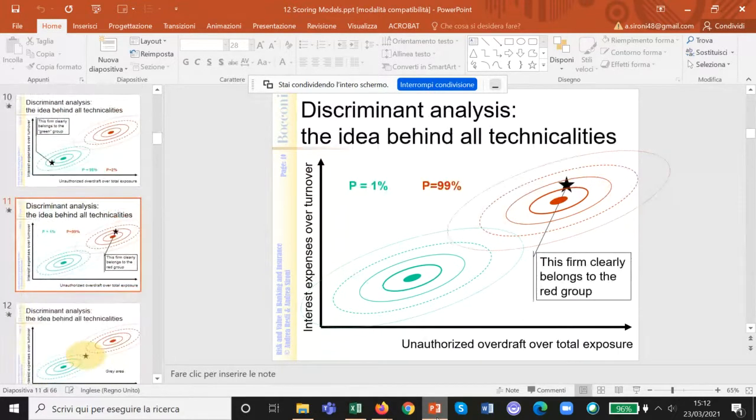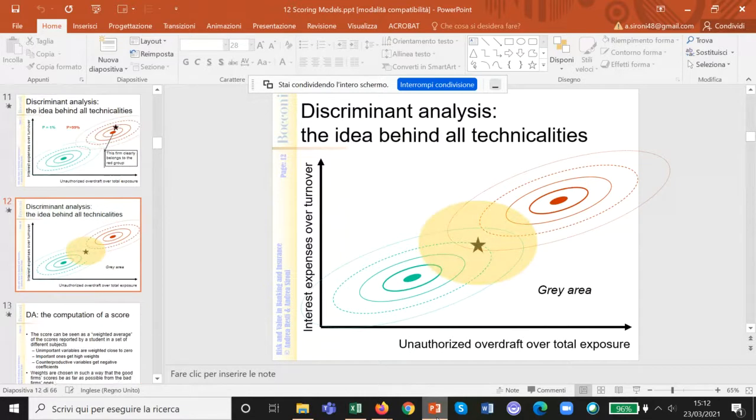Here, for example, we have another company that is more likely to belong to the bad companies because it has much higher values of both variables. So we could conclude that there is a very low probability that this company would belong to the good companies, and vice versa. But clearly, there's also a gray area.